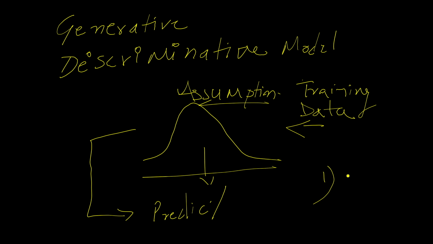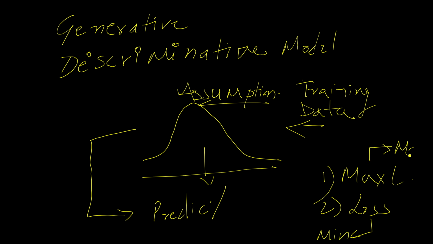Either they do a likelihood estimate, so you have your data and you get a maximum likelihood of the data. Or the second way is you can make a loss function and optimize or minimize this loss, or maximize this likelihood, which means they work directly on your training data. They do not have any assumption of which data distribution the data comes from.